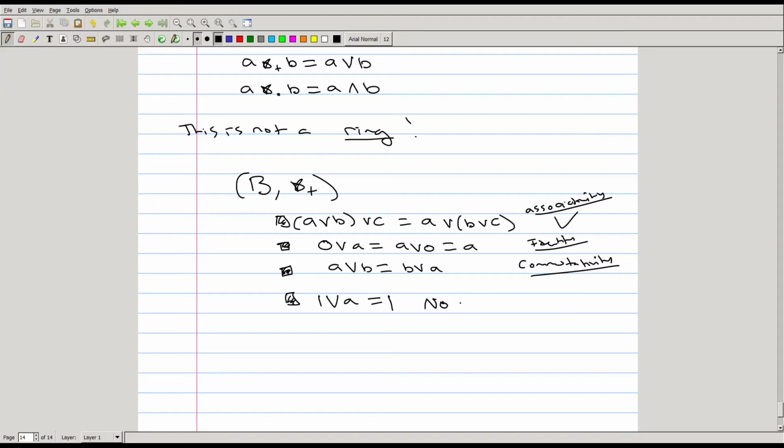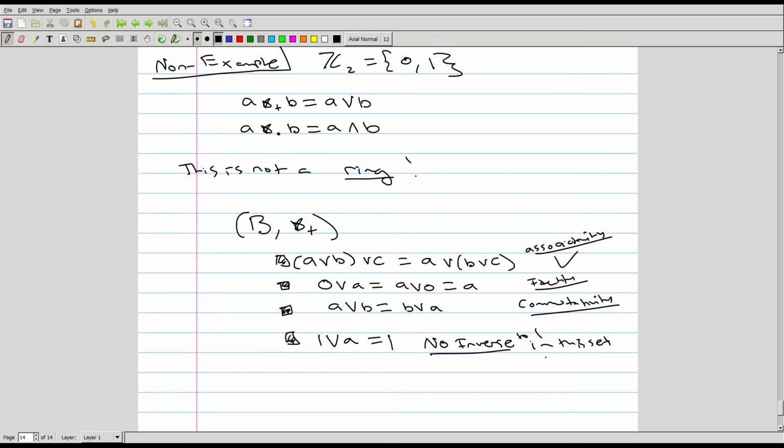Therefore, there is no inverse in this set. Therefore, this is not a ring. But it is associative, it has an identity element, and it is commutative. So it is what's called a commutative monoid.